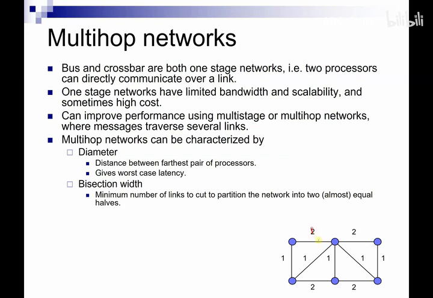Suppose we cut the processors in half like this, so these 3 processors are on one side and the others are on the other side. The maximum amount of communication that these 2 halves can do with each other is basically going to be equal to the sum of the capacities on the edges that are cut.